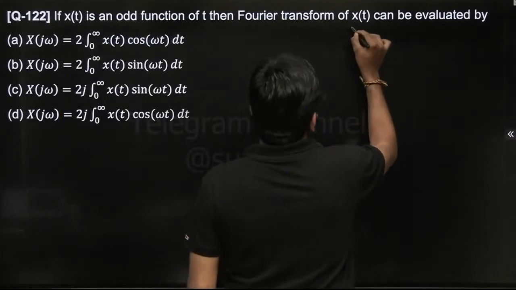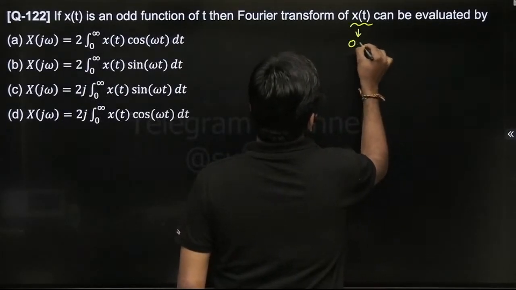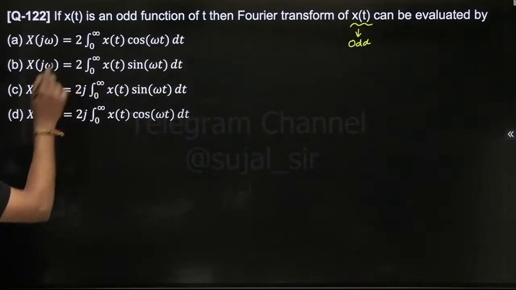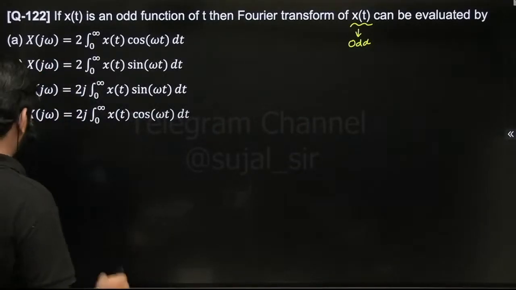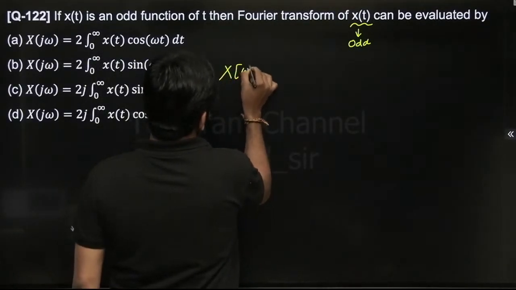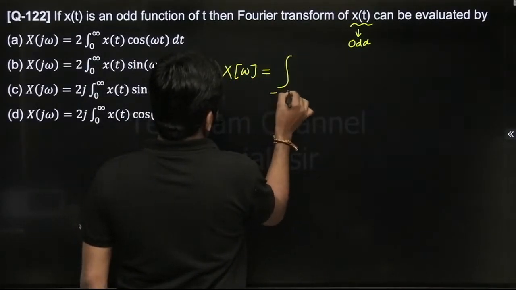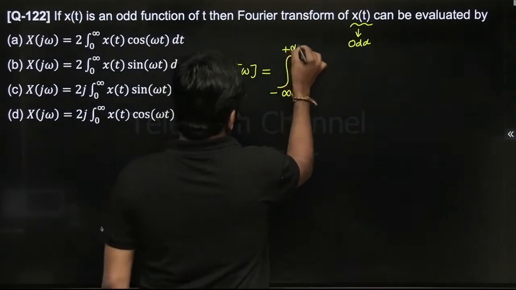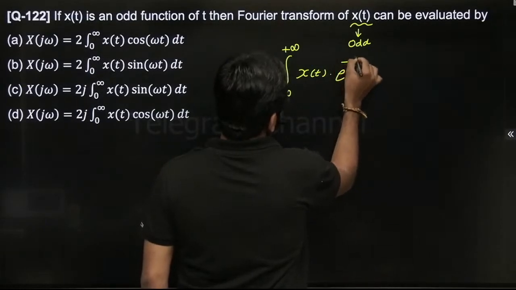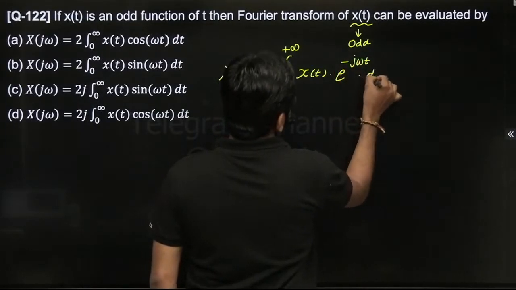So x of t is an odd function of t, guys. The formula for the Fourier transform of x of t is nothing but the integral from minus infinity to plus infinity of x of t e to the power minus j omega t dt.